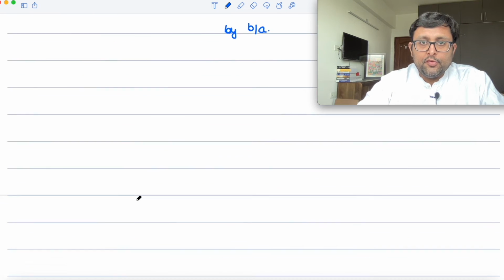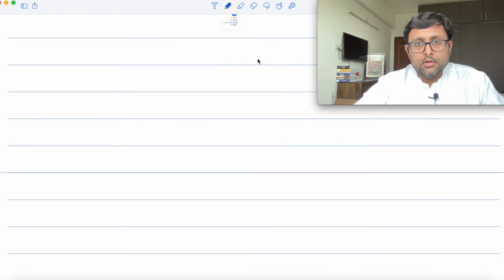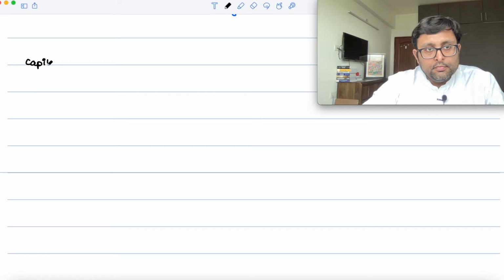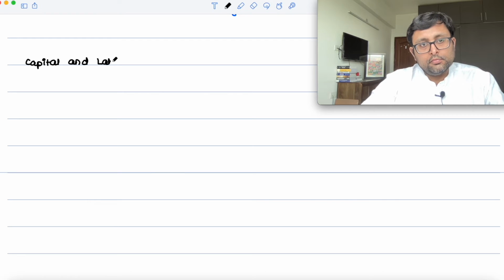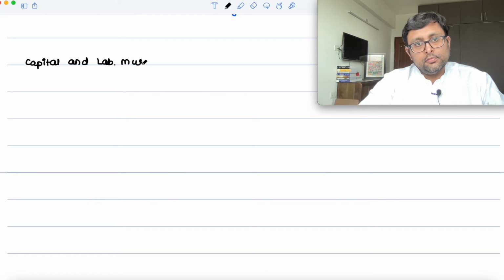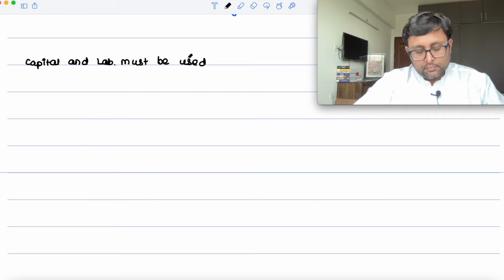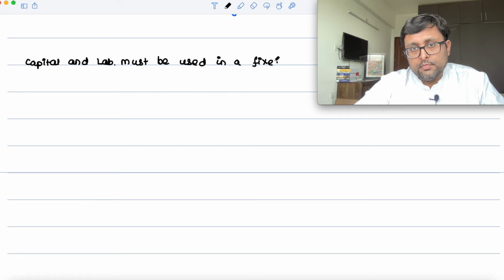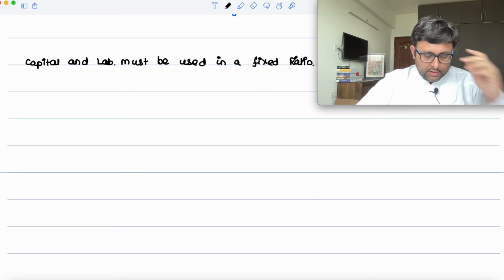So for this kind of production function, capital and labor must be used in a fixed ratio.